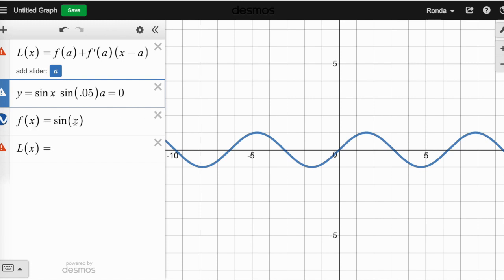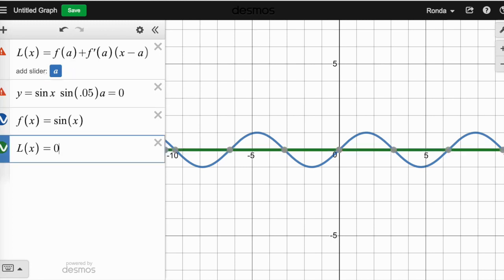So f of x equals sine of x, and so f of 0, this piece right here, sine of 0 is 0, so this is just a 0. And then I have plus, my f prime would just be cosine of x, because the derivative of sine is cosine, and cosine of 0, f prime of 0, would be 1.